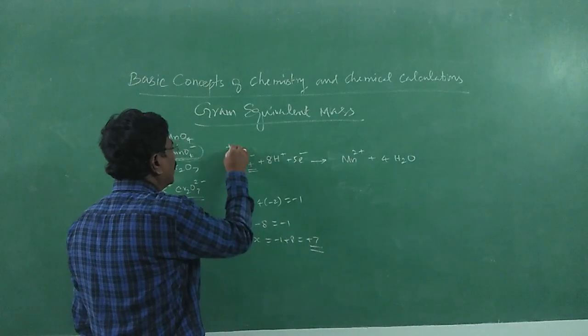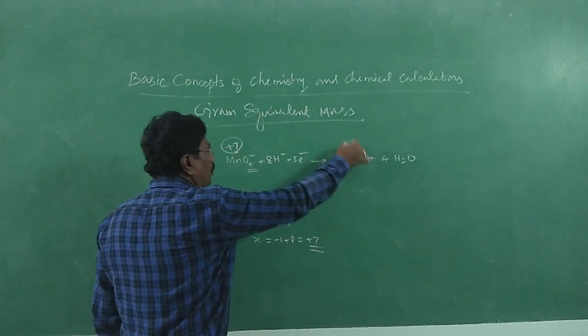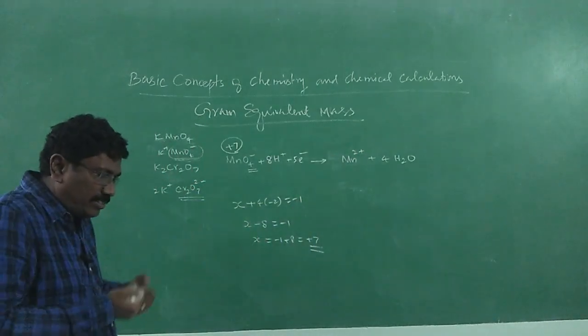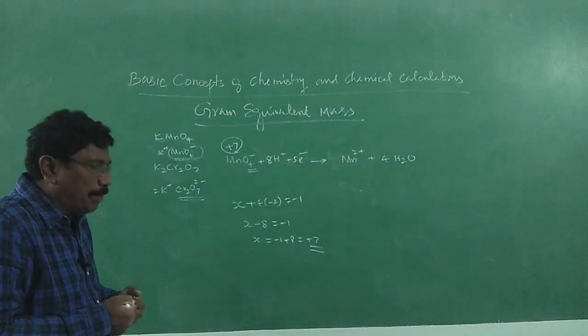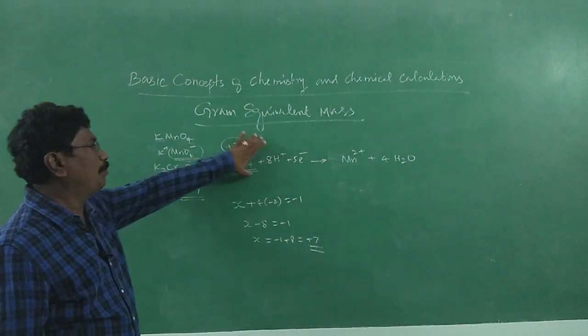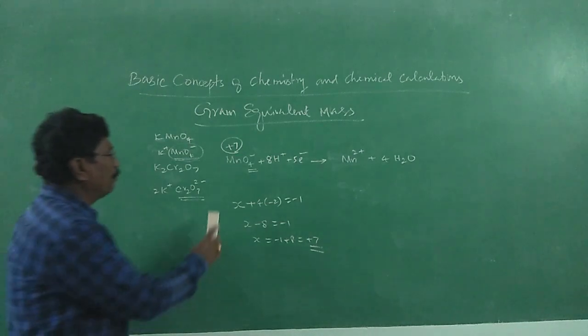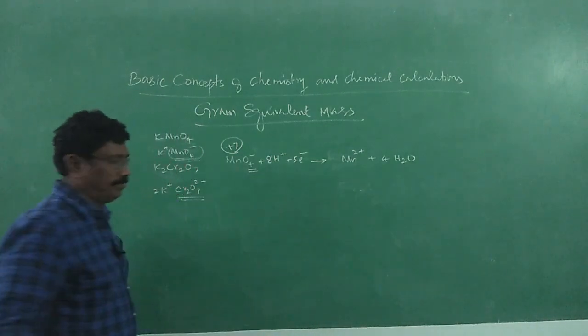The oxidation state of manganese is plus 7. From plus 7 it is reduced to plus 2 by gaining 5 electrons. Since it gains 5 electrons from some other substance, that substance is getting oxidized. That is the oxidation reaction of the MnO4 minus ion.